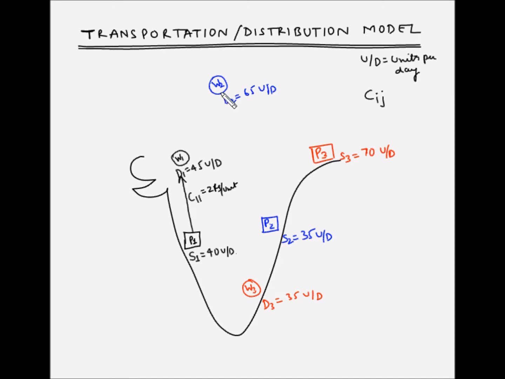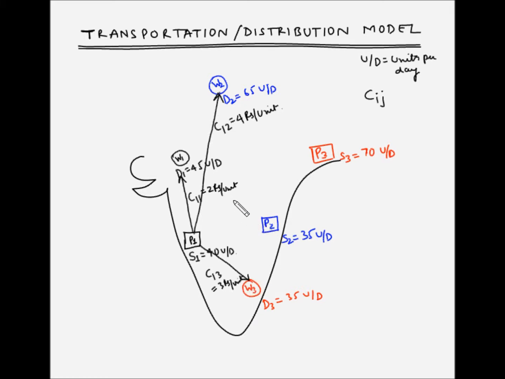So C12 is equal to 4 rupees per unit, and the cost from P1 to W3 is rupees 3 per unit. So C13 is equal to 3 rupees per unit.